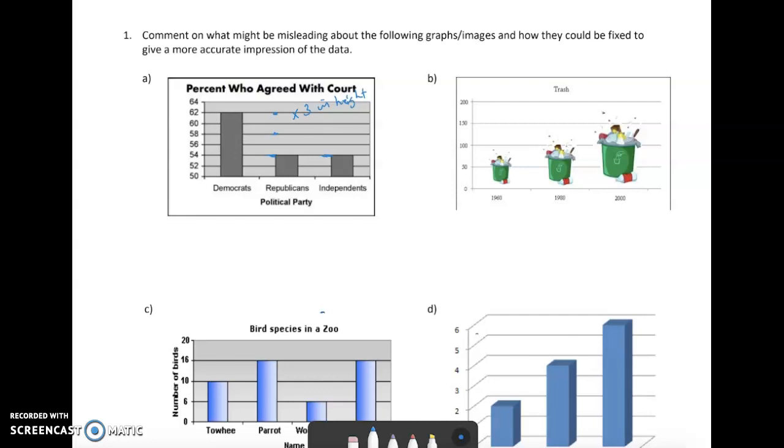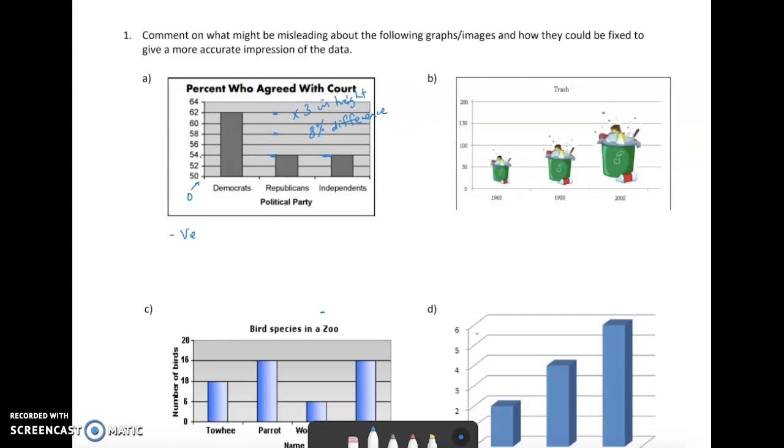But if you start looking a little bit closer, what you notice is that they didn't start counting at 0. They started counting at 50. So really, the difference is only between 54 and 62. So it's really only an 8% difference in reality. So the heights of the bars have been skewed because the axis didn't start counting at 0.